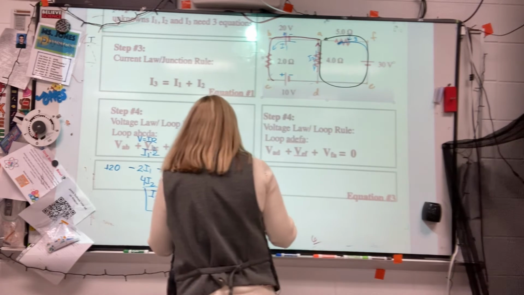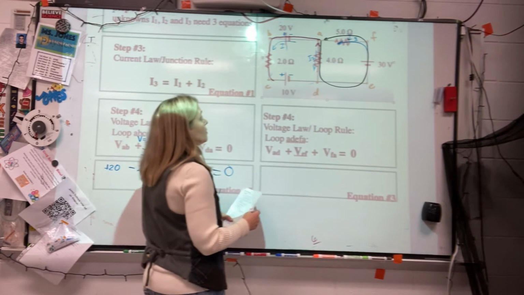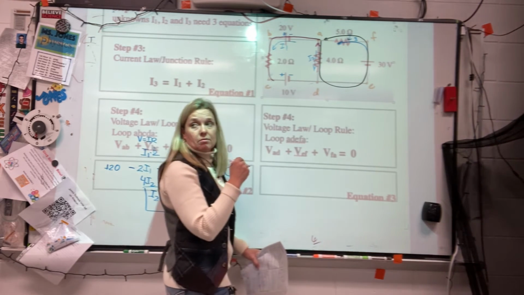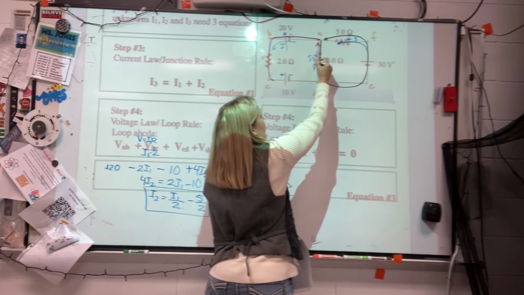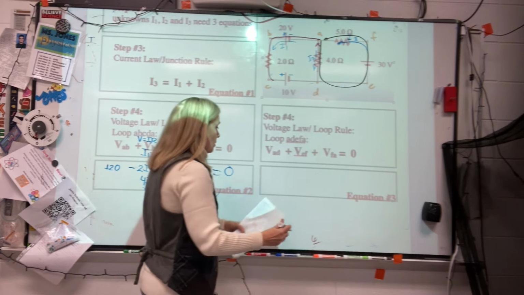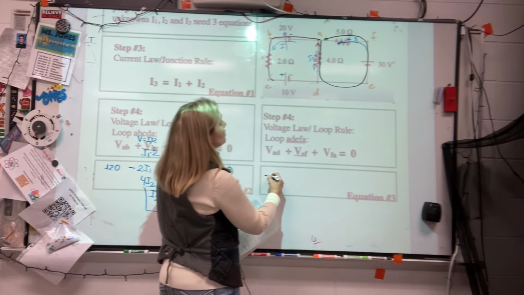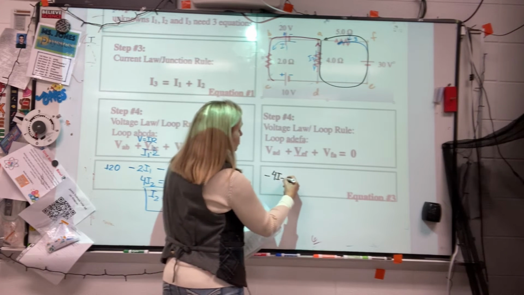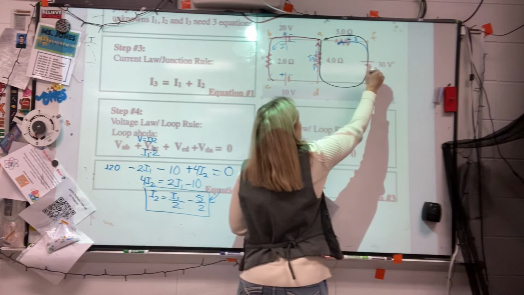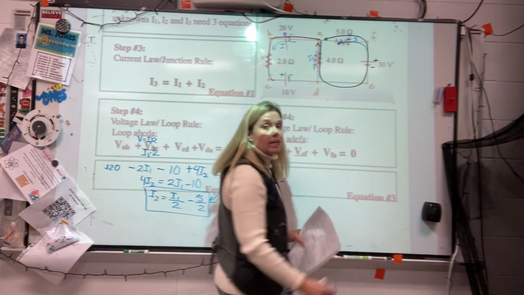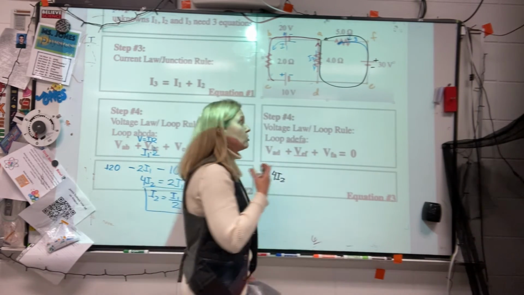Tell me about that one. Is it positive or negative? Negative, because the loop arrow and the current are in the same direction. So we have negative 4 I2. I write it every time just because I'm going to screw it up.